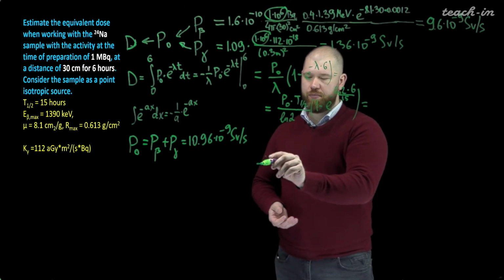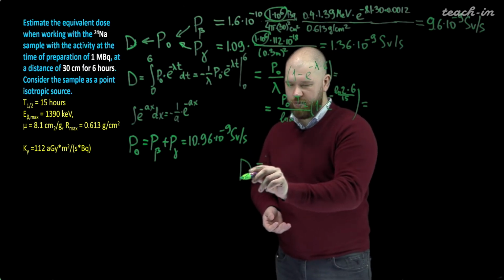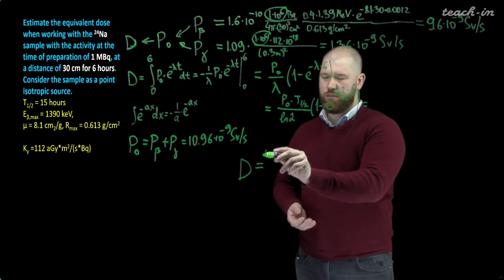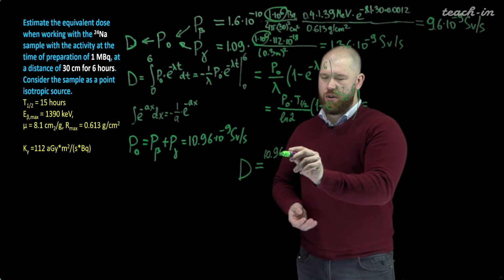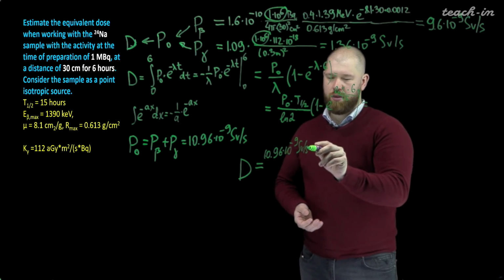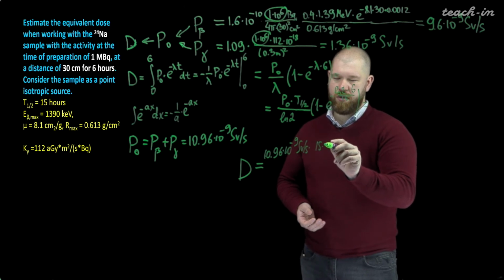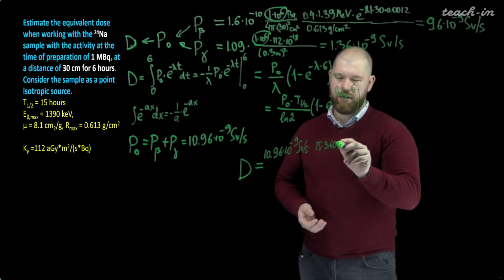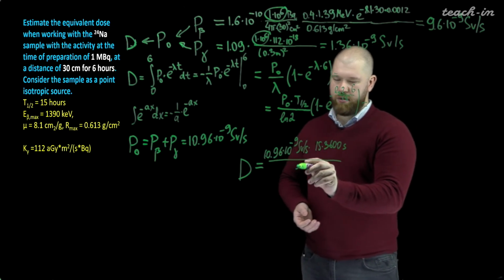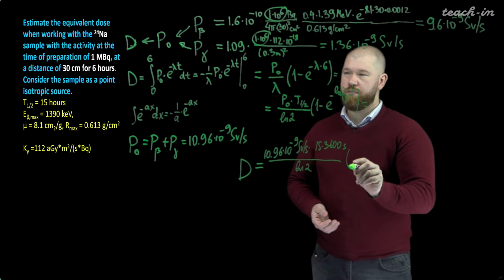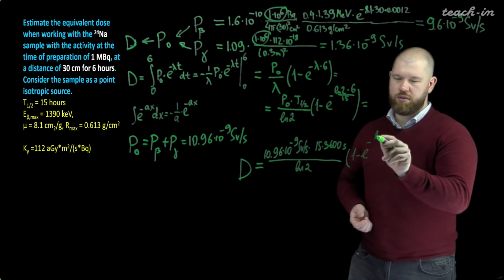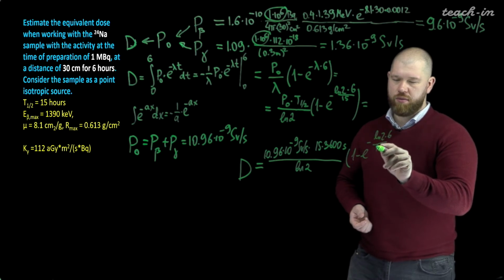And thus D, I will rewrite it, D will be equal to 10 to minus 9 sieverts per second multiplied by 15 and seconds in hours, divided by natural logarithm 2, and then 1 minus exponent of minus log 2 times 6 over 15.